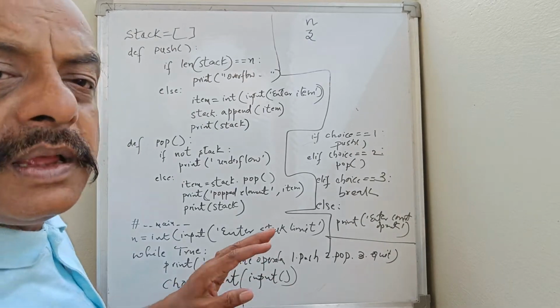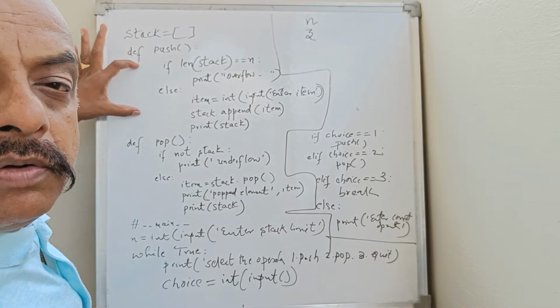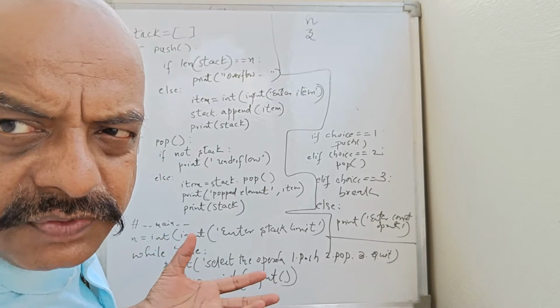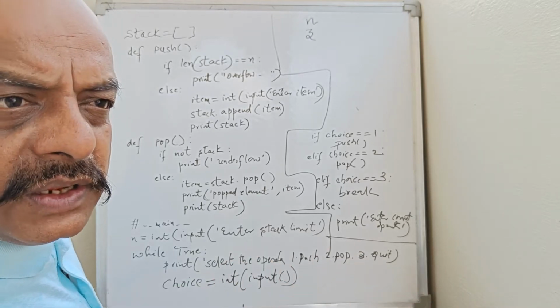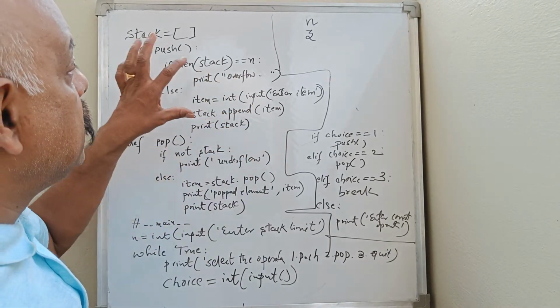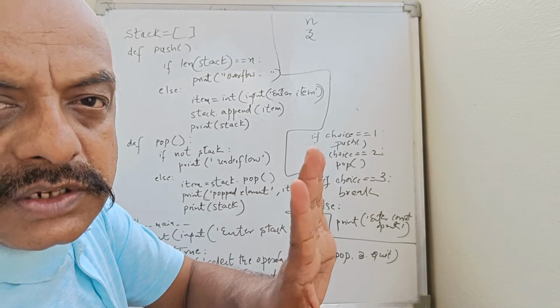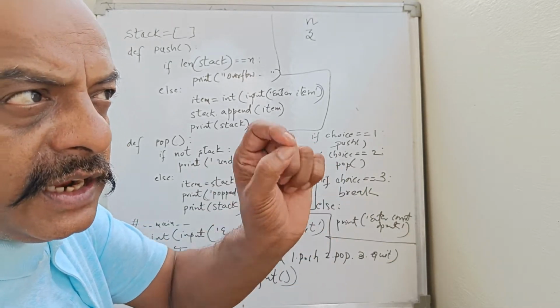For example, if you type 1, you are going to perform the push operation. You should have a function body, the push definition. You have to define the function. A function performs some task. Here you are pushing an item into the stack with the help of the append method. For that, in push you are going to test the overflow condition, that is whether you have space to push an item into the stack.